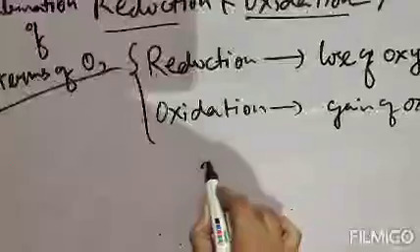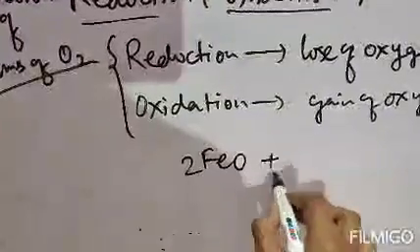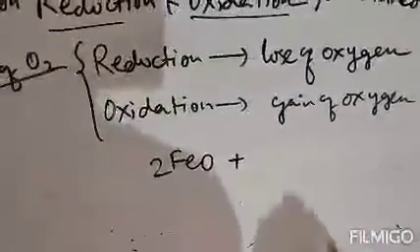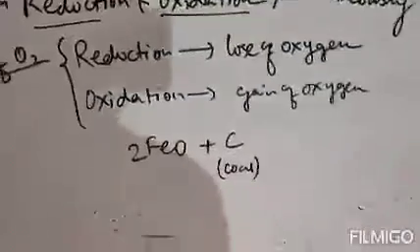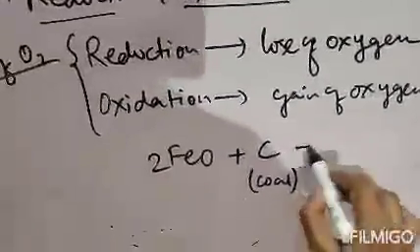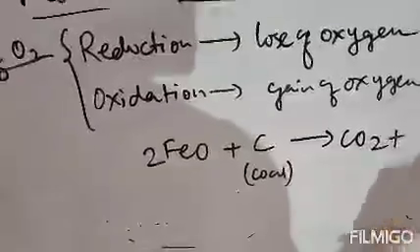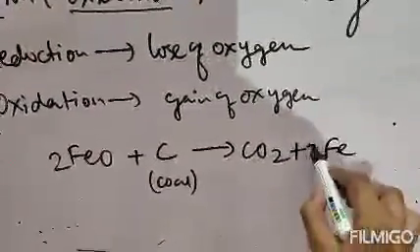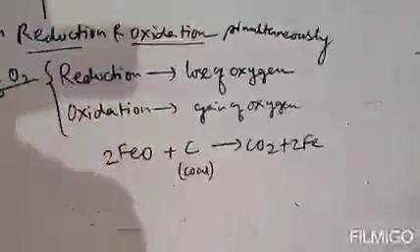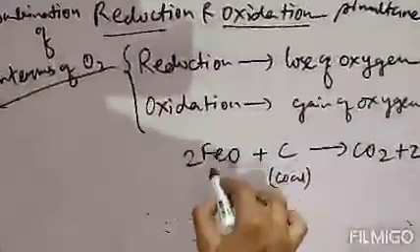Suppose 2FeO, that is ferrous oxide, is treated with carbon, that is in coal form. Your product is carbon dioxide plus 2Fe. Clear? Now look at this.